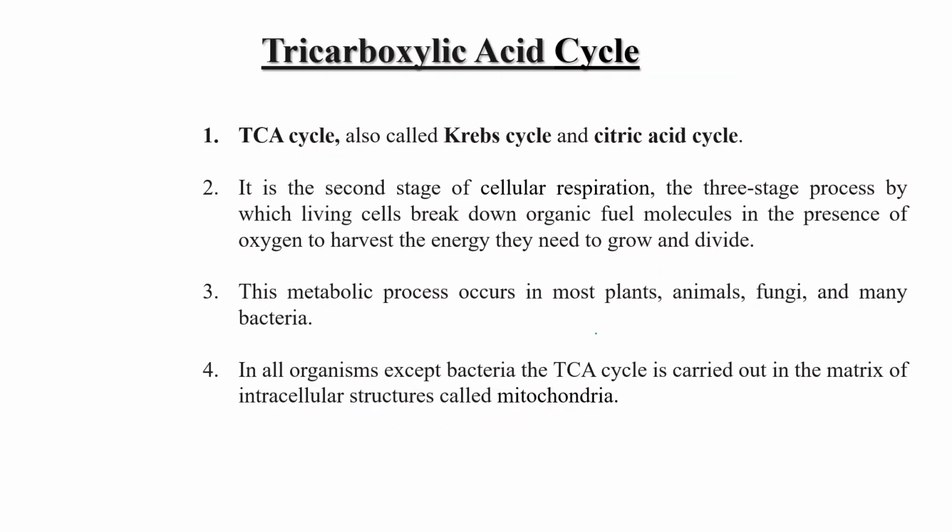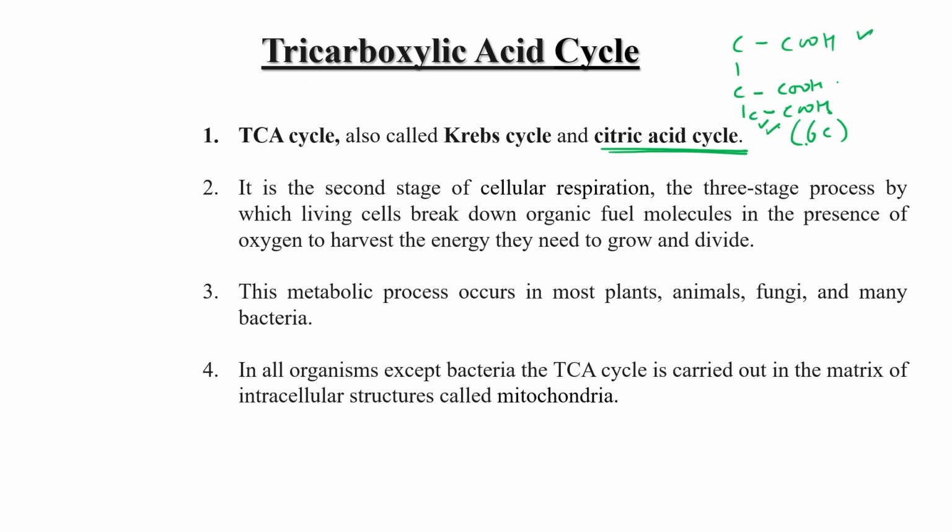Clear? Now, whether it is the TCA cycle, Krebs cycle or citric acid cycle, the first product of this cycle is citric acid, which is a 6-carbon molecule. And this citric acid contains 3 carboxylic groups. That's why we can also use the term tricarboxylic acid cycle.